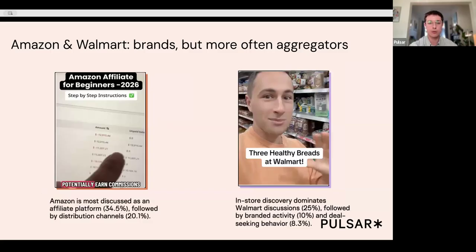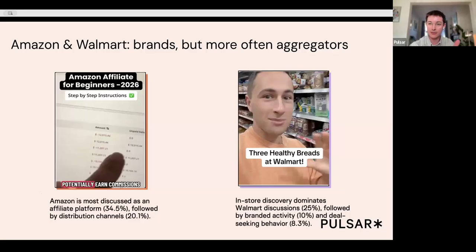Amazon is most frequently discussed as an affiliate platform, but not only are the products from Amazon being reviewed, the affiliate platform itself is being reviewed. This is a little bit meta. Over a third of the conversation is actually about earning that commission, and talking about distribution channels as well. So it's that infrastructure that's powering the creator economy, which powers creator content.